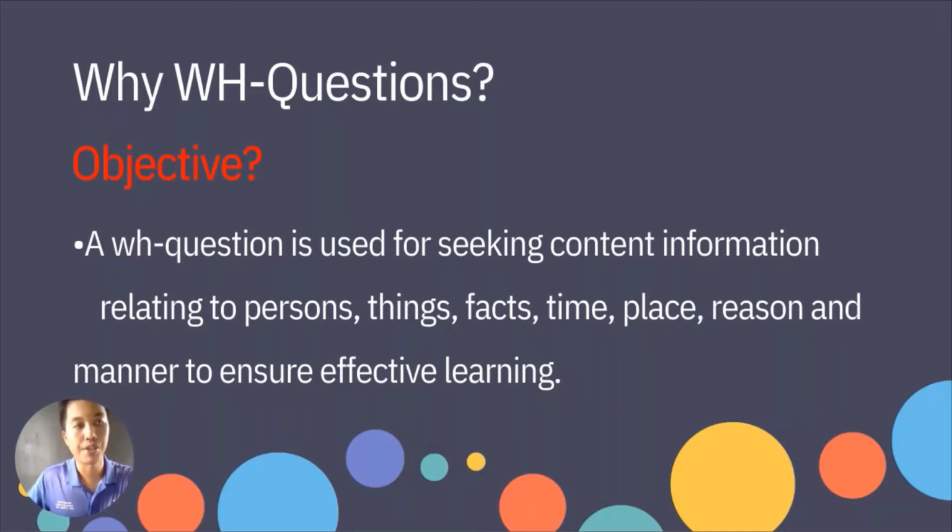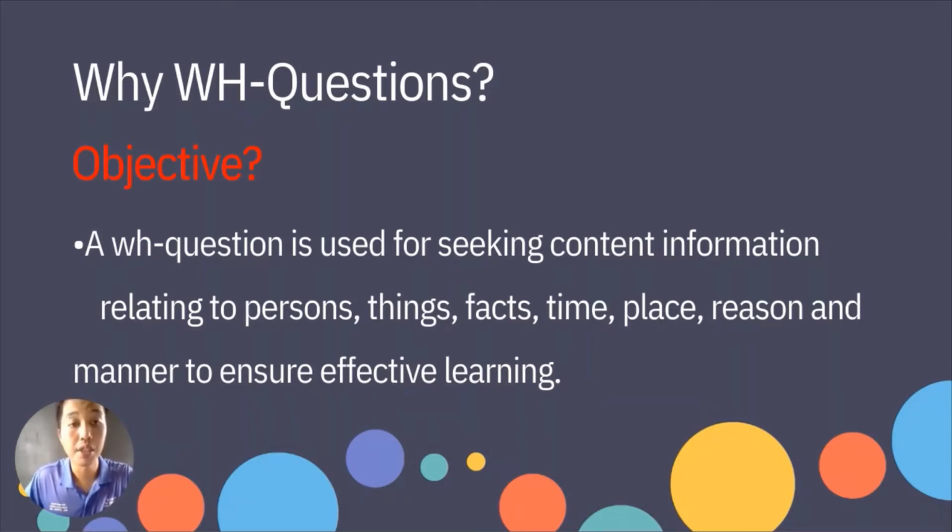Why WH question? So you as a student, you need to know what is the main objective and what is the main purpose and what is the main goal. You need to know why you are here. So for WH question, you need to know why you are developing and using a particular question for your case and issue. So what is the objective of WH question?